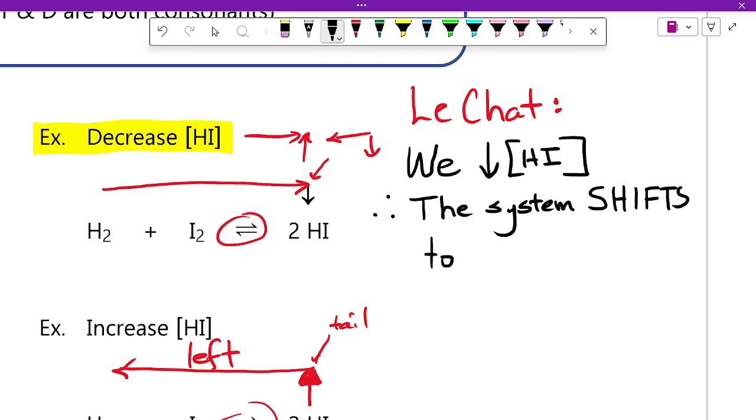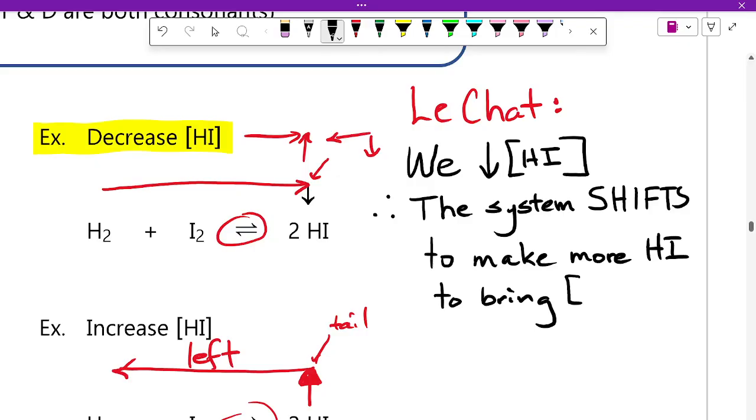So the system shifts, in this case, to make more HI to bring the concentration of HI back up.